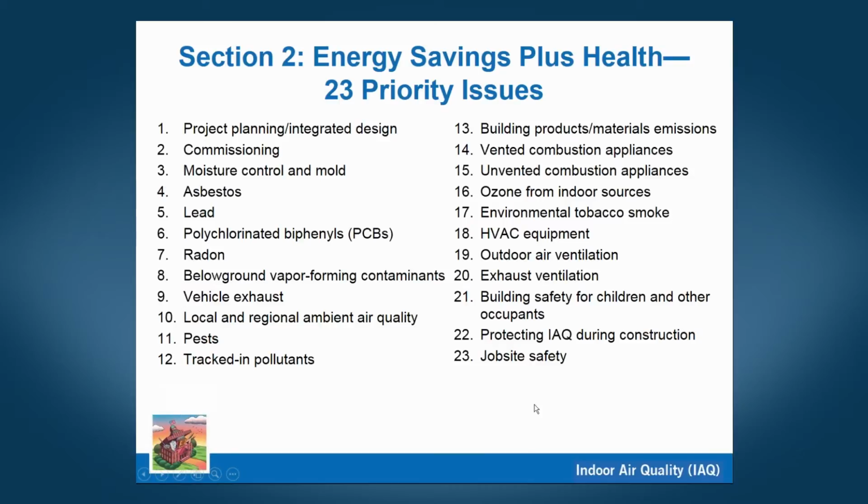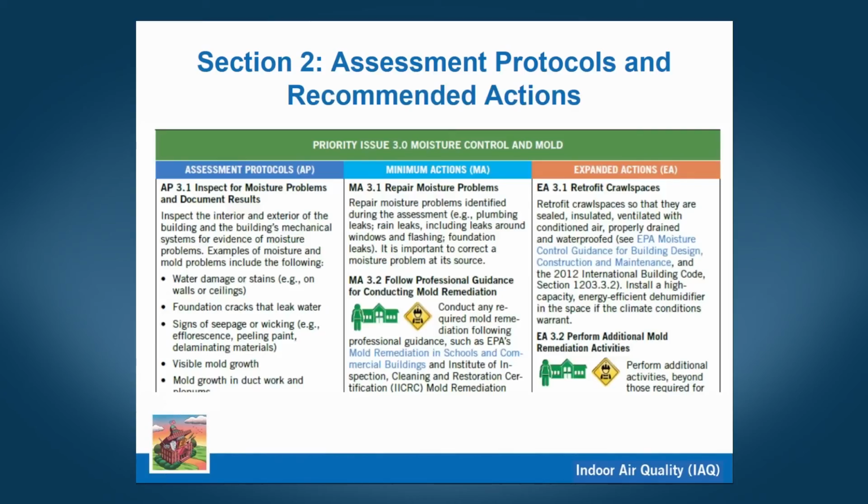I'm not going to read all of these, but these are the 23 priority issues that are mentioned in the guide in more detail, starting from project planning and commissioning to vehicle exhaust or HVAC equipment, or even job site safety. Section 2 looks exactly like this. This is a snapshot of priority issue number 3, which is about moisture control and mold.